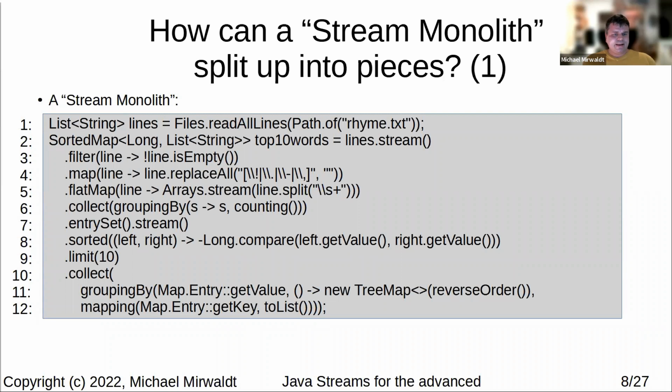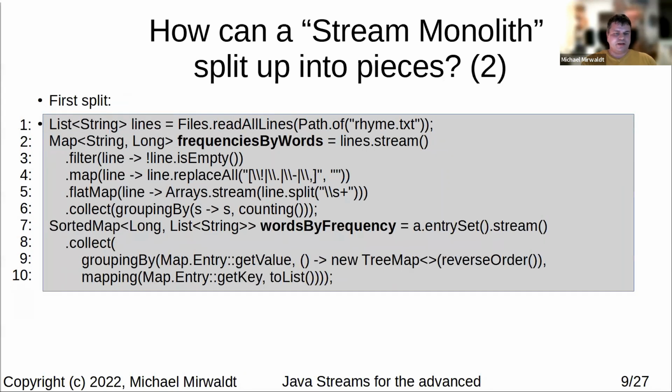And I think here you can really apply divide and conquer. You will see in just a moment that it really helps, because it's just refactoring and introducing explaining variables. How can you do that? Well, let's first split the first part of the expression. If you look here, you see frequency by words, which is a map with string and long.